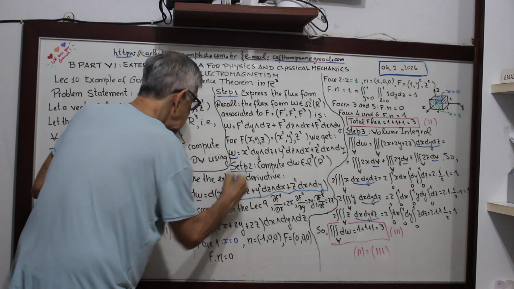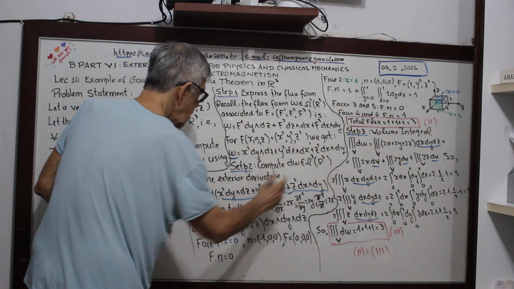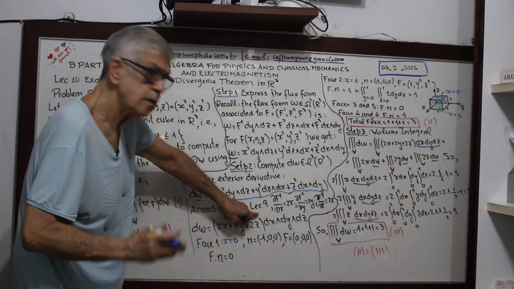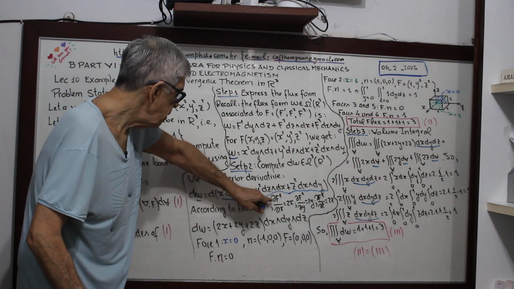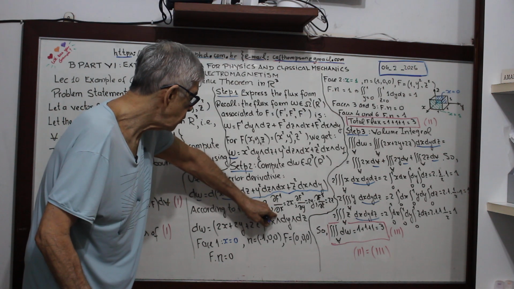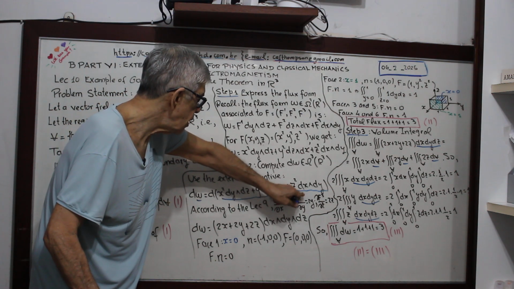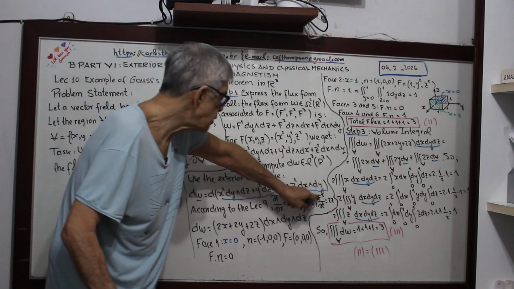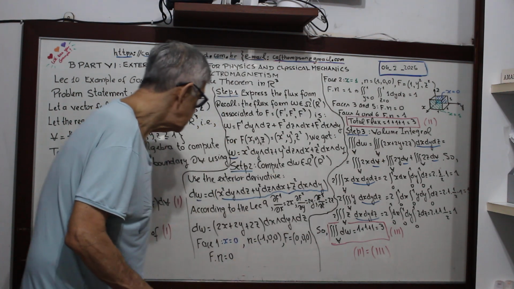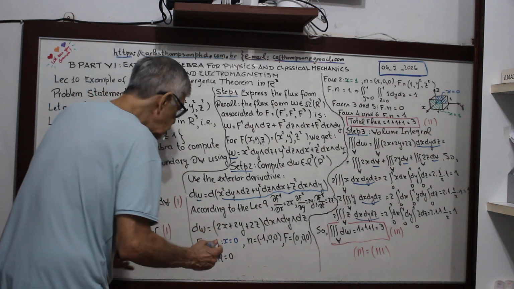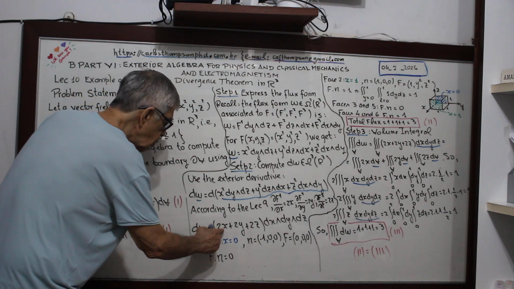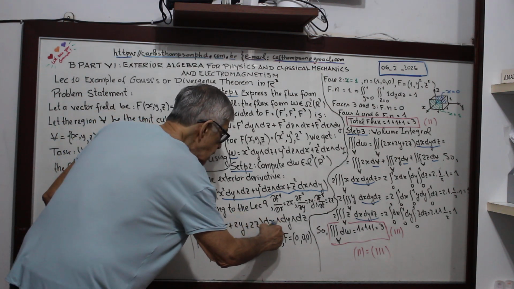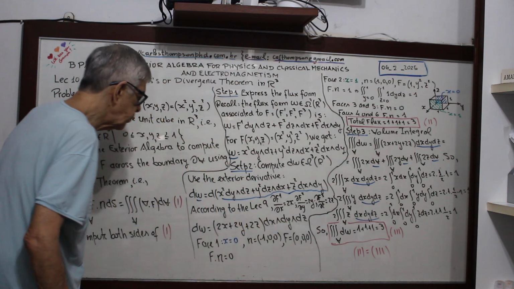Now, according to lecture 9, the previous lecture, the partial derivative of F1 with respect to x is 2x, partial F2 with respect to y is 2y, partial F3 with respect to z is 2z. I just substitute: d omega is (2x + 2y + 2z) times the volume, dx dy dz.